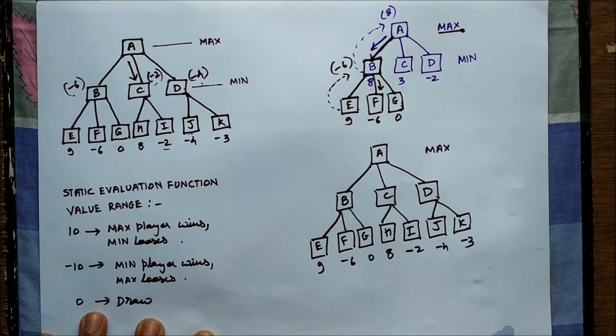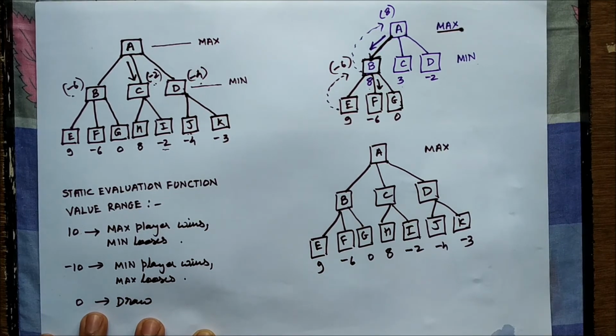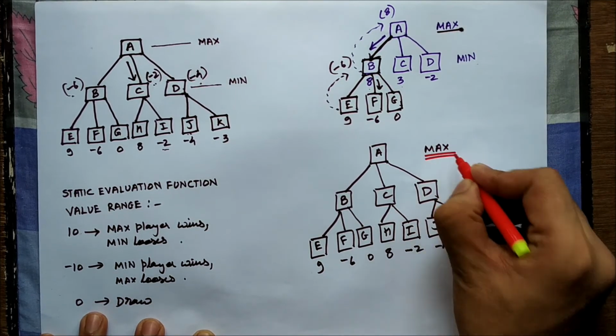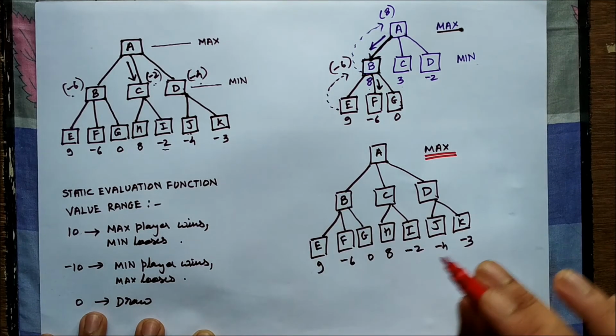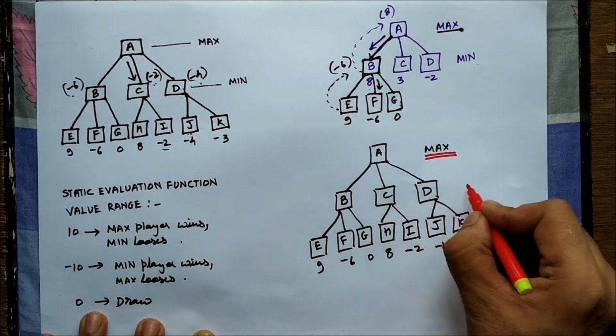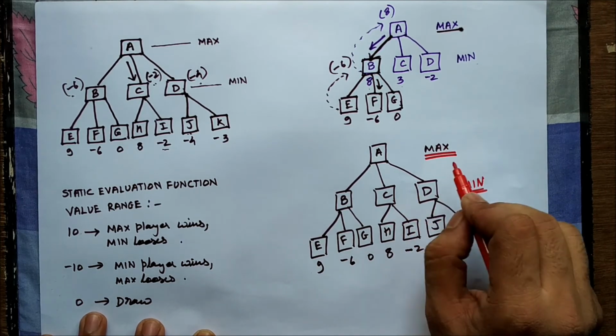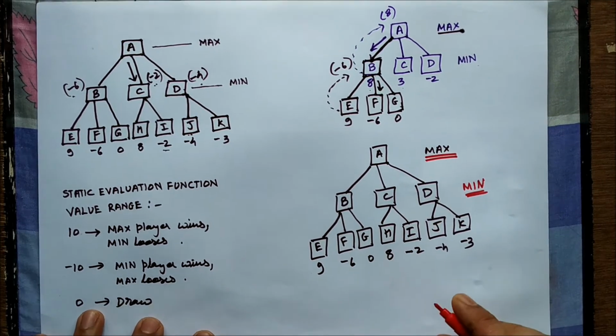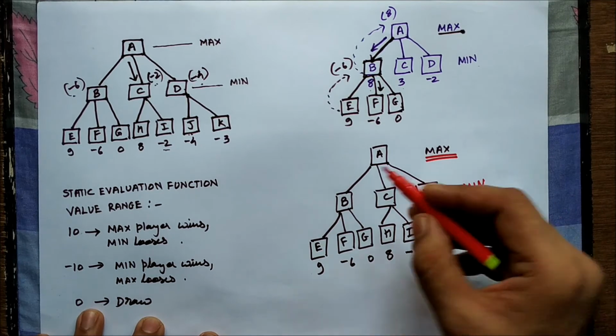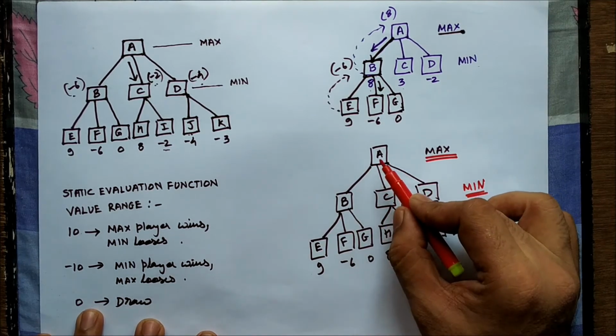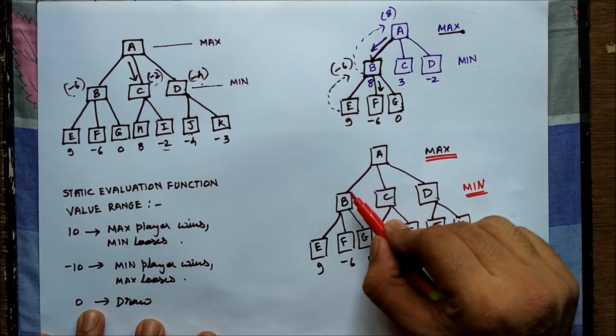So now I will show you how exactly it works. I am showing you how the min-max algorithm works. This is a max player, this is a min player. How does the max player decide which is the right node to consider? I told you this is a depth limited search, so from here it comes here.